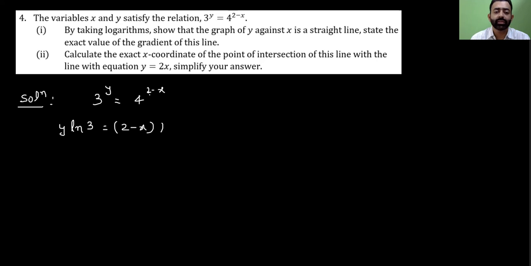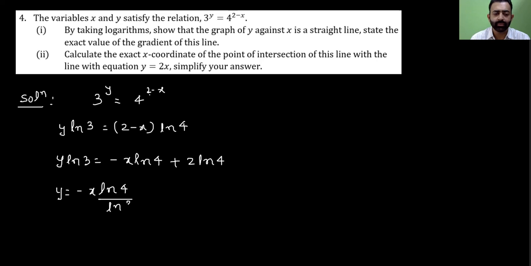So this is y ln 3 is equal to minus x ln 4 plus 2 ln 4, right? That means y is equal to minus x ln 4 by ln 3 plus twice of ln 4 by ln 3.